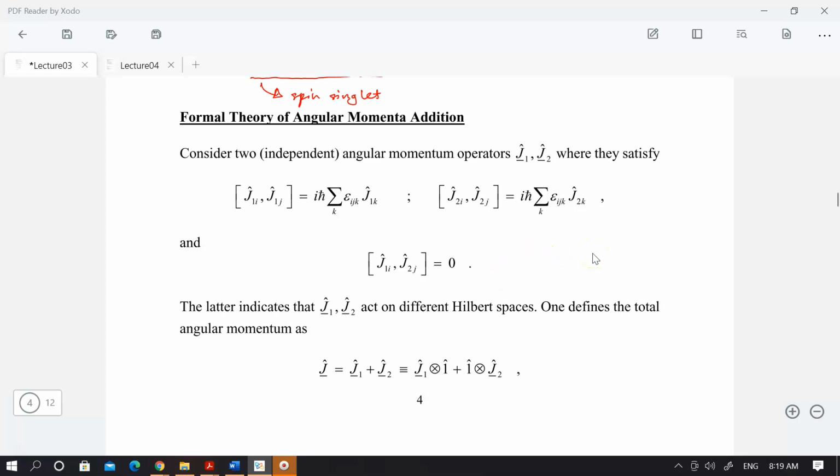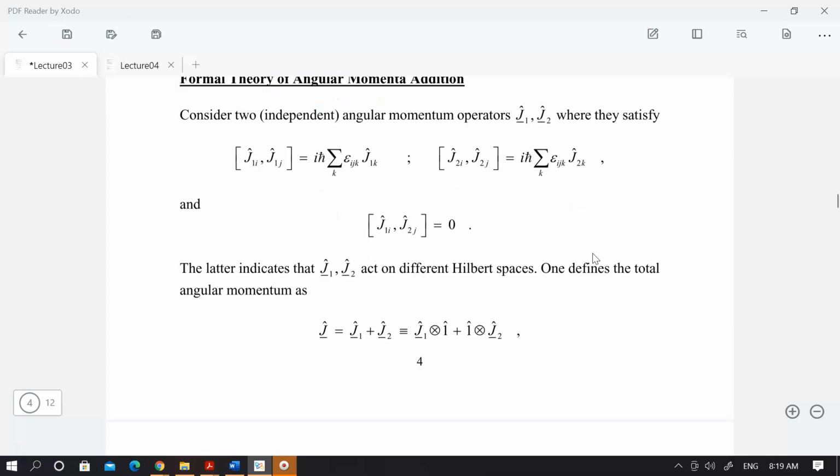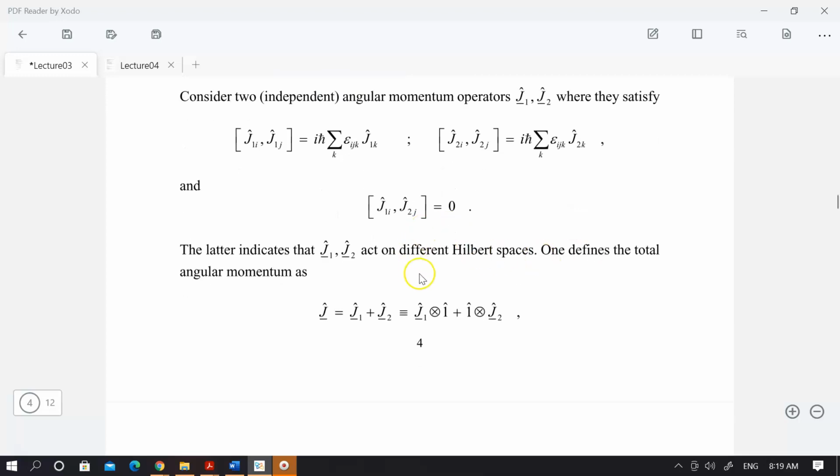With that assumption, one can now build different Hilbert spaces for each of J1 and J2, because they are essentially independent of each other. Then one can get the addition of these two angular momenta operators from the tensor product of the Hilbert spaces of the individual angular momenta.